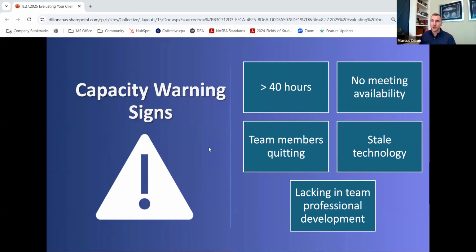And then that last piece is training. Really encouraging yourself and your team to learn new things, new technologies, ways to serve others, and you don't have time for that. So all of those can be warning signs. Those are things that we look at in DBA.